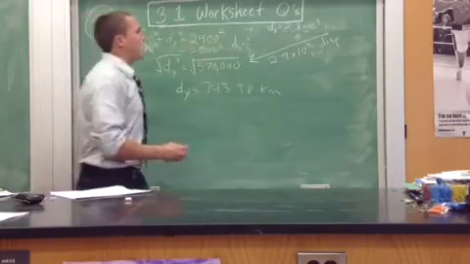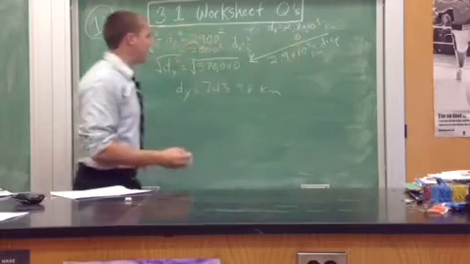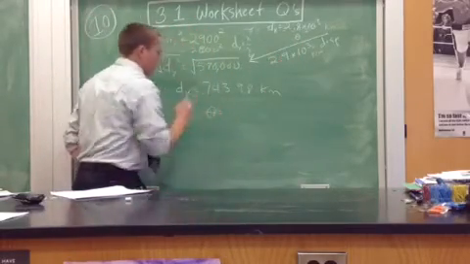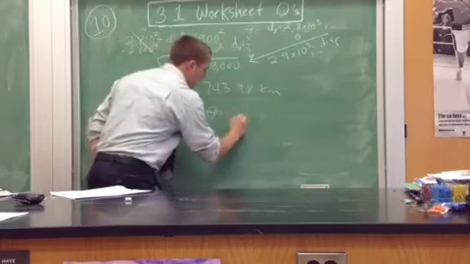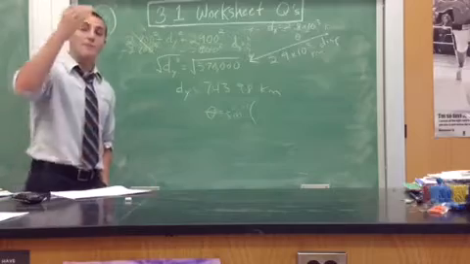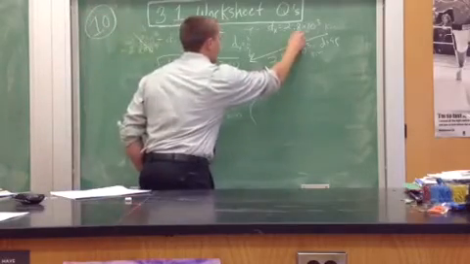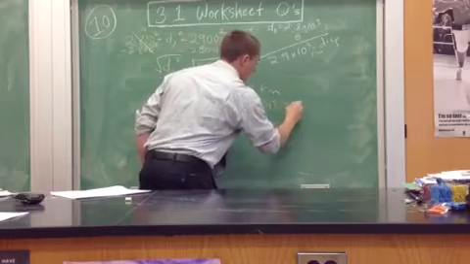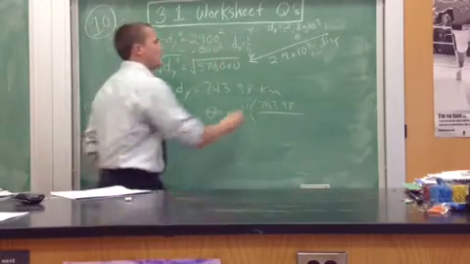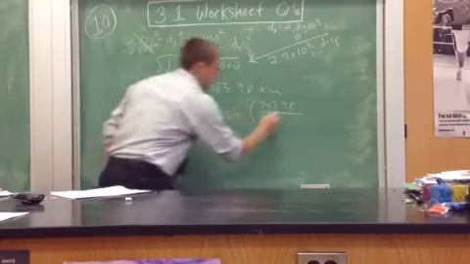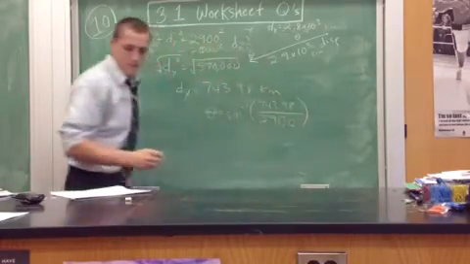To find the direction, we must find the angle, theta. I'm going to use the inverse sine function. So theta equals sine inverse, and sine is opposite over hypotenuse. This is our angle. We'll use what we just found, 743.98, divided by hypotenuse, which is our initial displacement, which we converted to 2,900 kilometers.